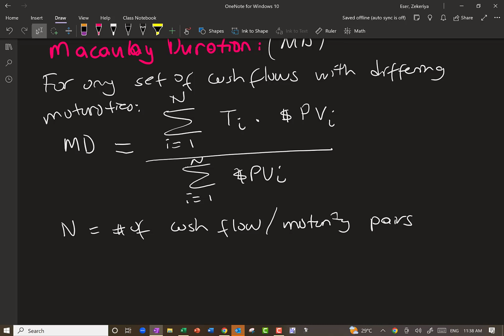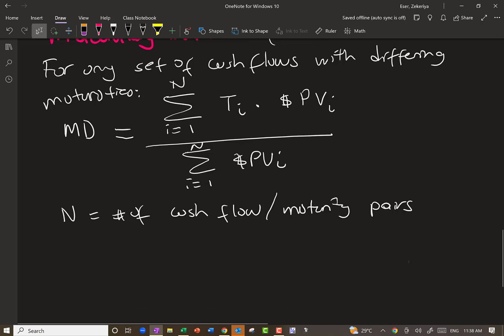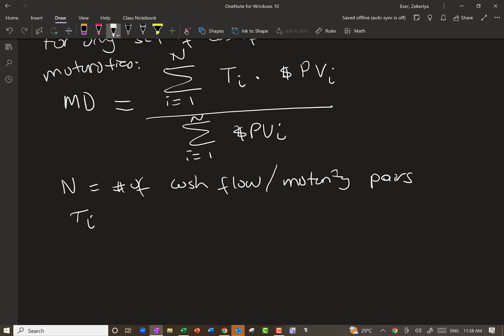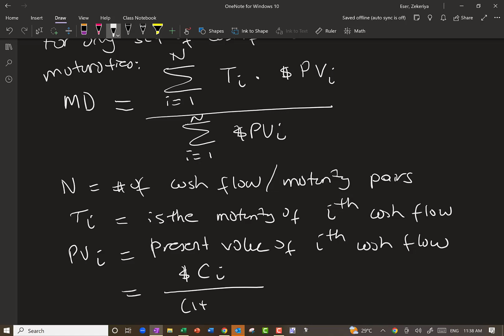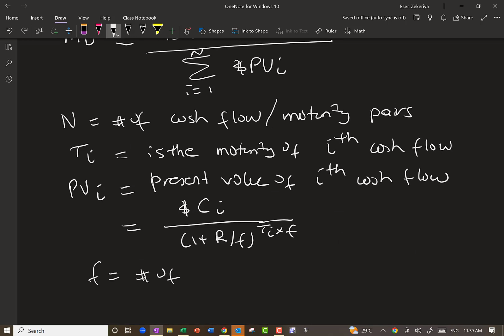TI is the maturity of ith cash flow. PVI is present value of ith cash flow, which is equal to, and F is number of times compounding in a year, or using better English, frequency of compounding in a year.